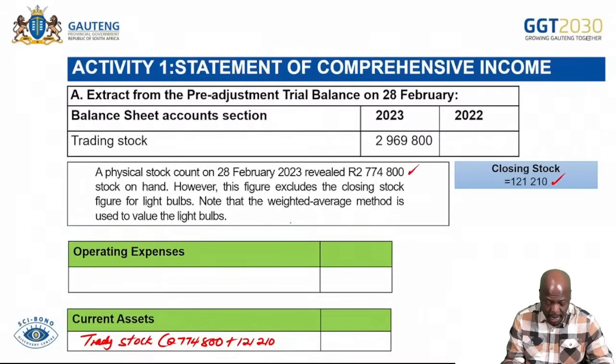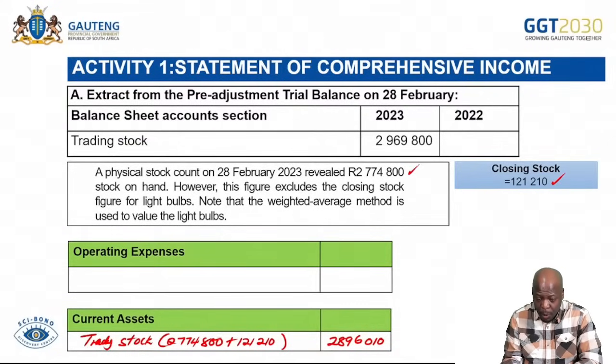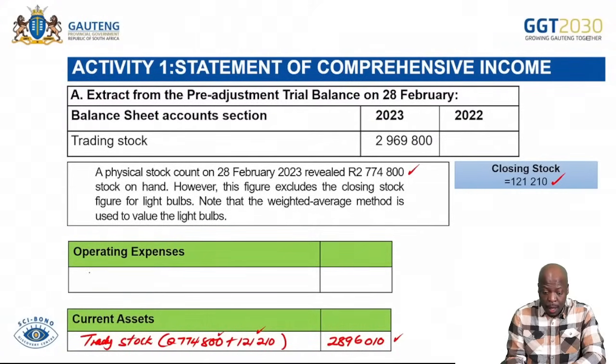Okay, so if we come here again, we're going to now see that our stock on hand now is going to be, I'm going to close this now, and then our stock on hand is going to be 2,896,010. So we took the one that was on hand here, and then we added on the stock that was not yet recorded, and then we end up with 2,896,010. So this becomes the final amount in our inventory amount, trading stock. Let's come now to our operating expenses.